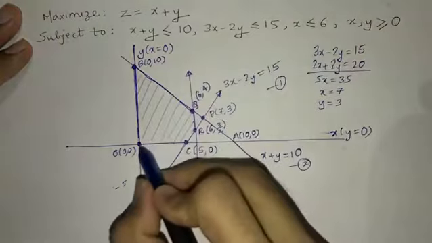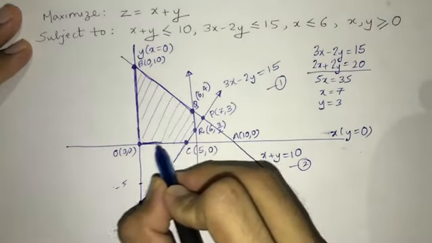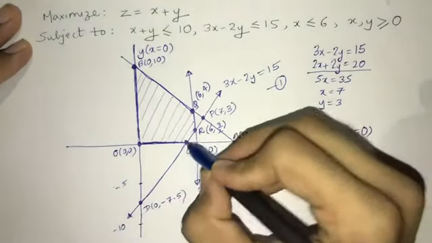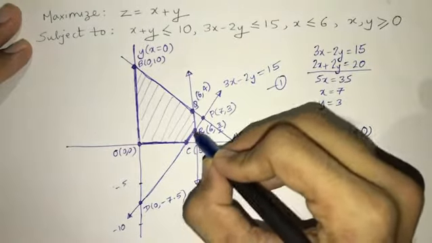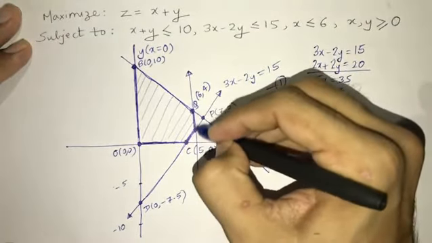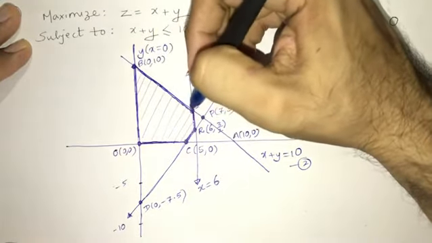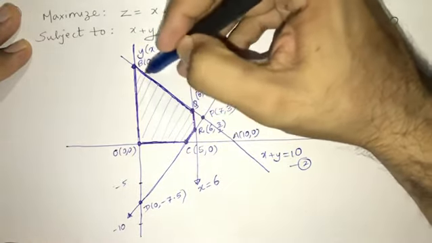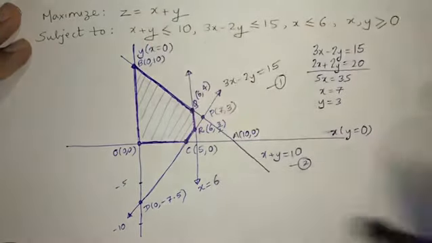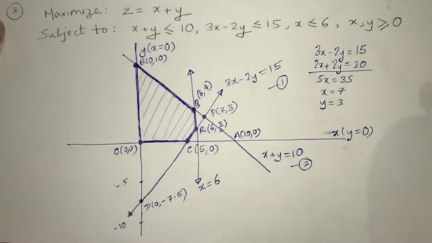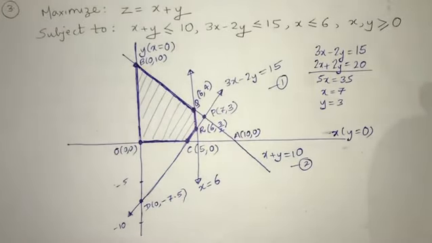We are going to maximize the value of x plus y. There is a hint in the objective function itself. Whenever you get such a question, there is always a hint in the objective function. The coefficients are going to be proportional to one of the constraints.